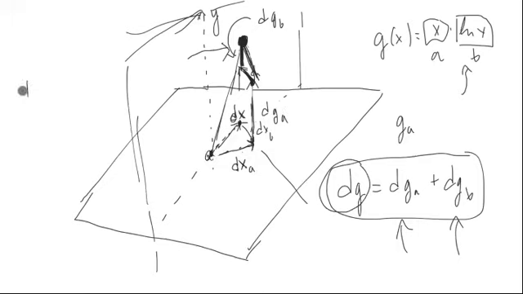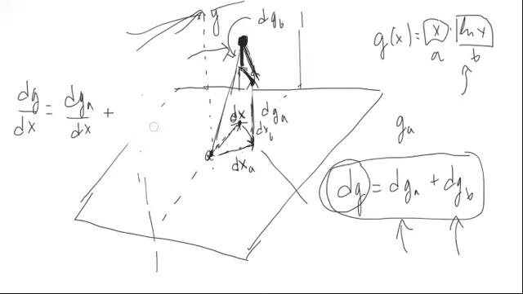This addition of rises really turns into this: dg/dx is equal to dg_a/dx, the derivative of this part where a is the variable and b is constant with respect to x, plus dg_b/dx right here. And maybe I'll erase this so we can see that a little better.